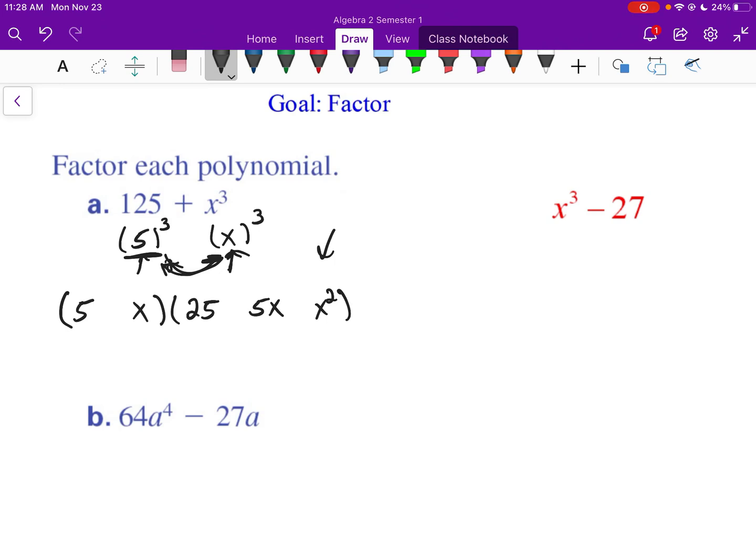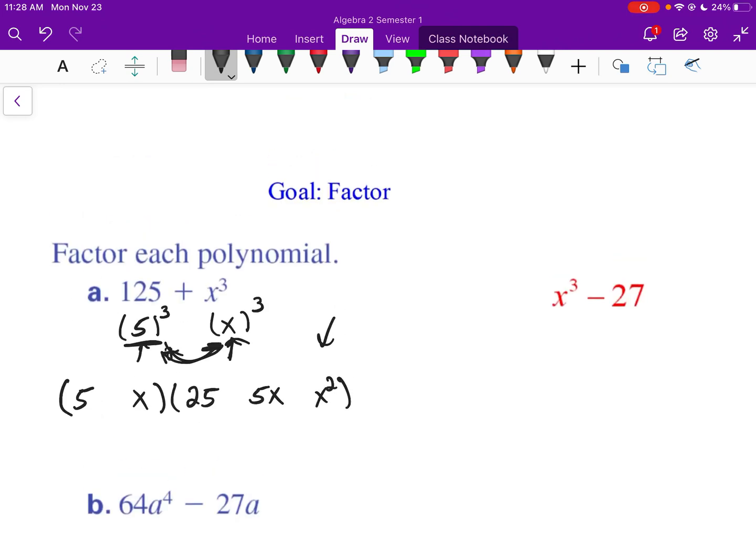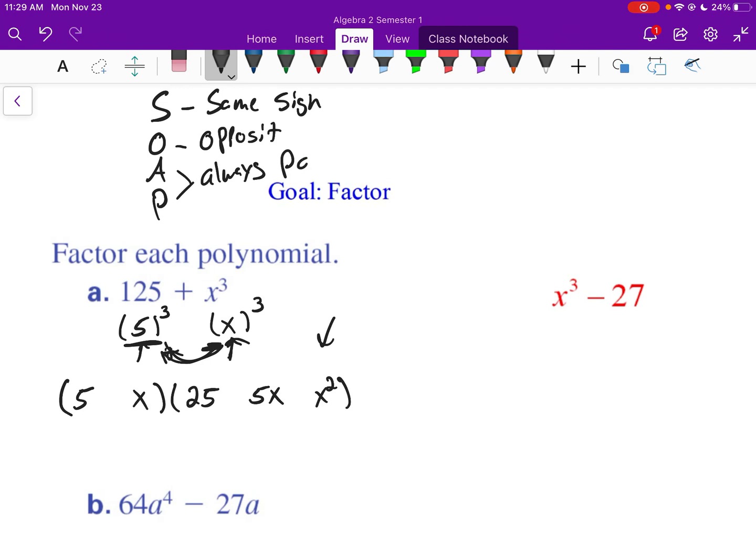All right, now for the signs, we're going to use an acronym called SOAP. Okay, SOAP, S stands for the same sign, O stands for opposite, and AP stands for always positive.